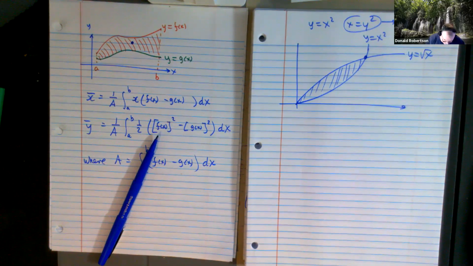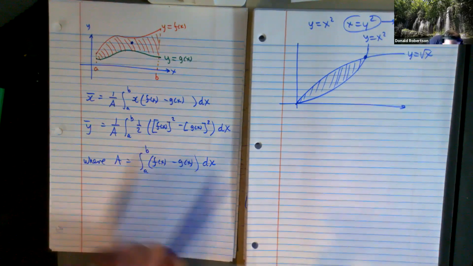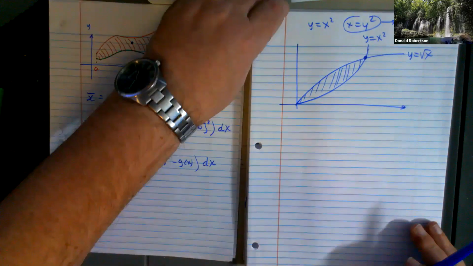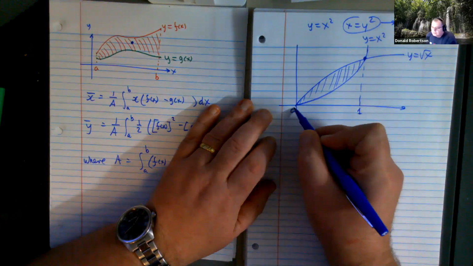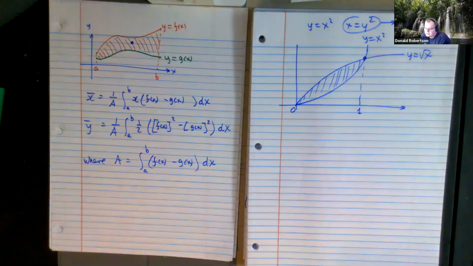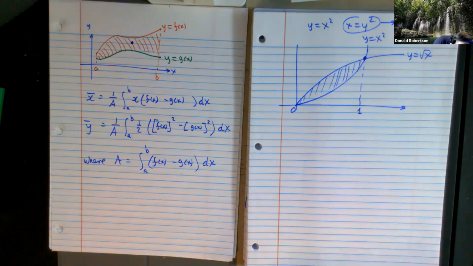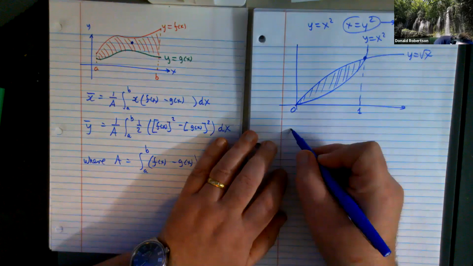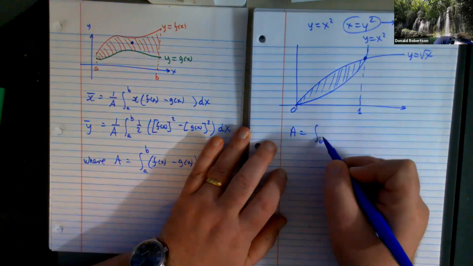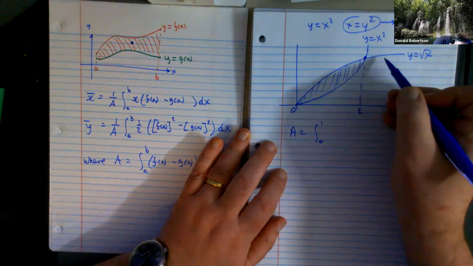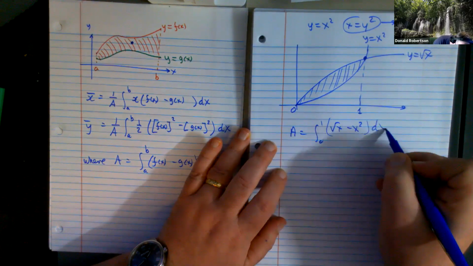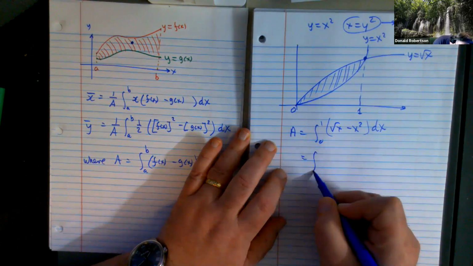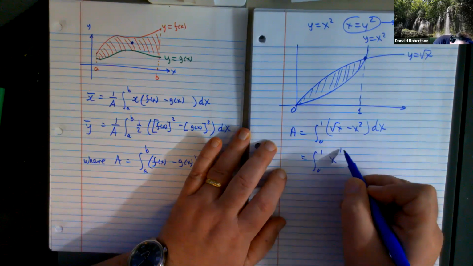I may not get all of this done, but I need to know that point. Can you trust me that it's 0 to 1? Because you almost guess it in your head. So the area between the two is 0 to 1. Square root is bigger than X squared. That's going to be 0 to 1, X to the half.